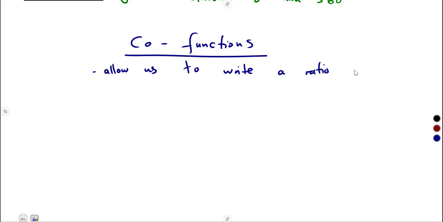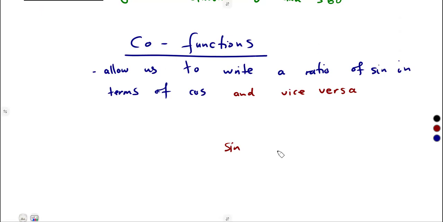The ratio of sine in terms of cos, and vice versa. Meaning I can change a sine to be written as a cos, or change a cos to be written as a sine of something. How is that possible? Those are the cofunction concepts.